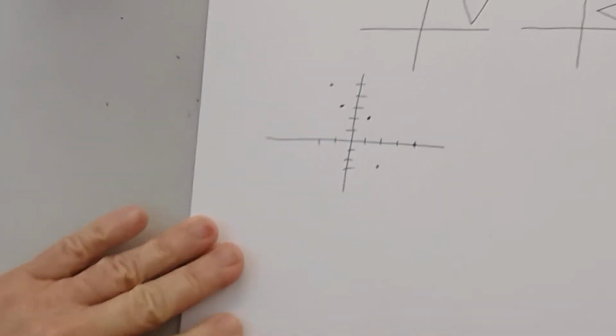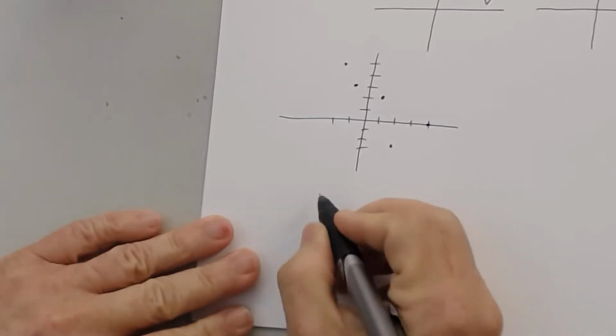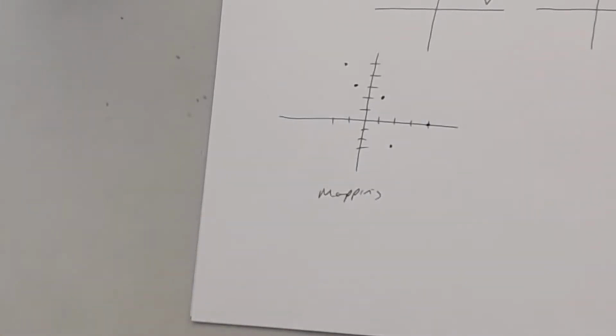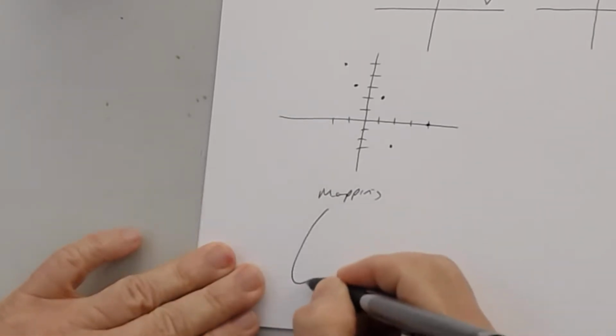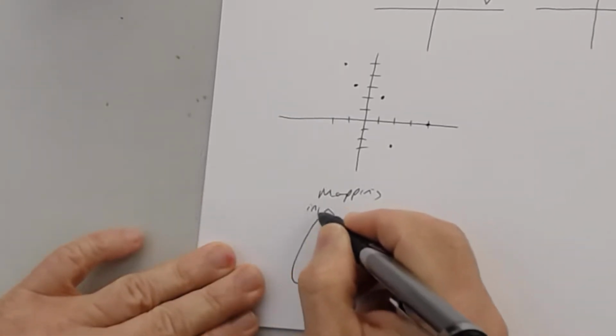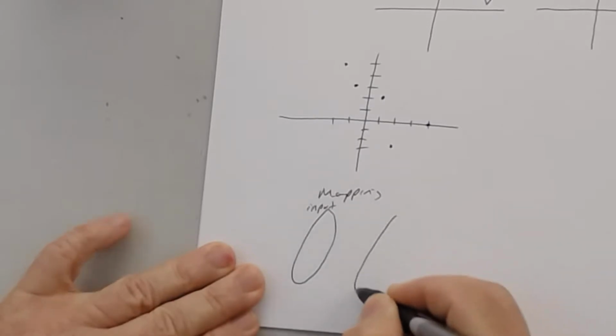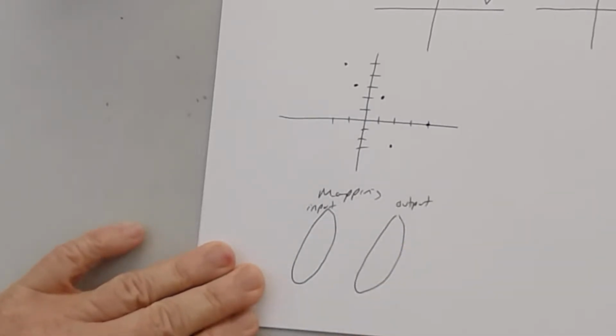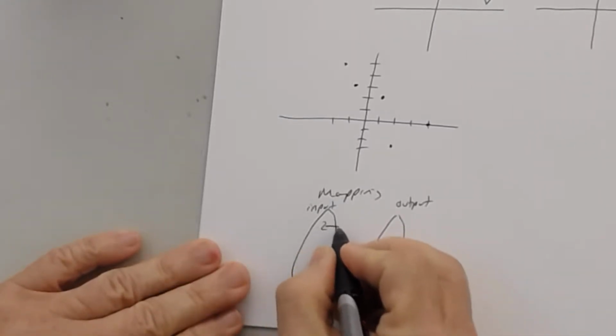A relation could also be listed as a mapping. And a mapping kind of looks like this. So you have an input and then you have an output. You have an input and an output. And for each input, you're attaching to it an output.